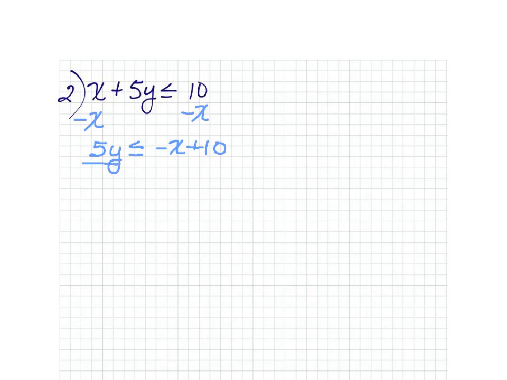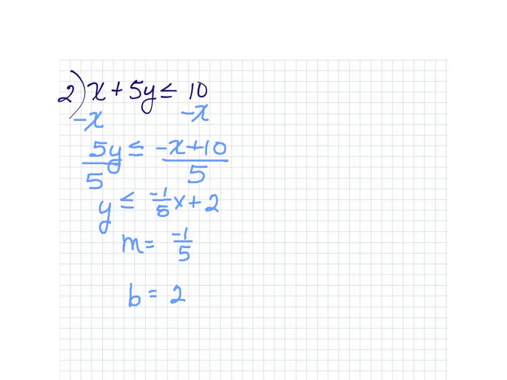Then I'm going to divide by 5 on both sides, and I have y less than or equal to negative 1/5 x plus 2. So here's what I know. The slope of this line is negative 1/5, and my y-intercept is 2.